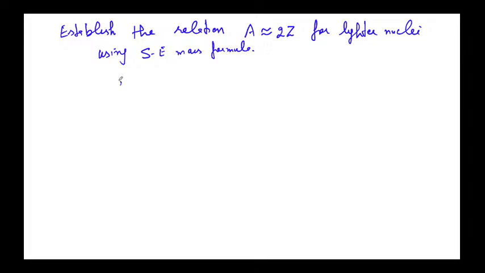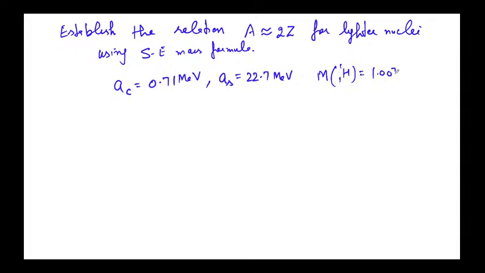So what is given? Coulomb energy is given as 0.71 MeV, asymmetry energy is given as 22.7 MeV, where the mass of proton is 1.0078 times atomic mass unit, while the mass of neutron is 1.0086 AMU.